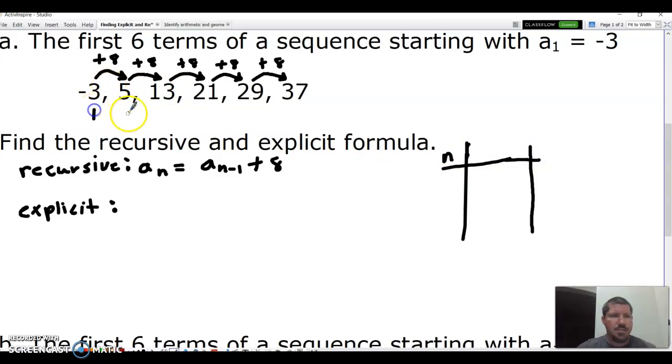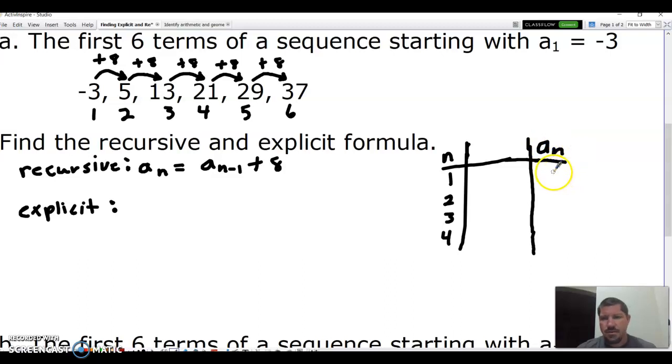Each of these has a term number 1, 2, 3, 4, 5, 6, right? 1, 2, 3. We'll just go down to 4. Each one is paired with an output, or a sub n, which is -3, 5, 13, and 21.